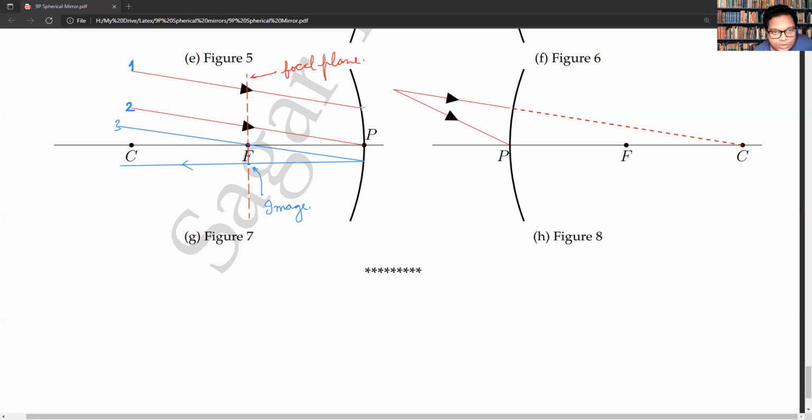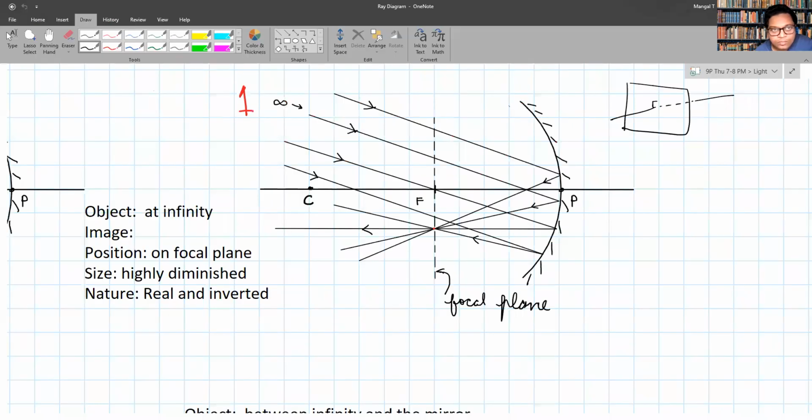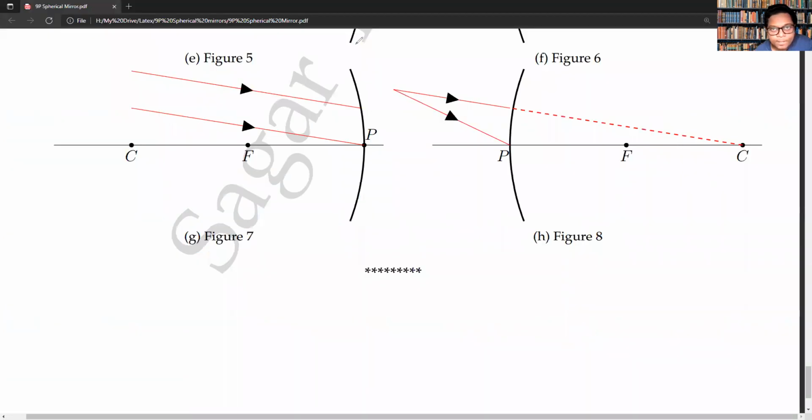So this particular ray will pass through that point. This particular ray will also pass through that point. In the exam, if they ask us that, we have to draw the third ray first, because the first two rays are non-independent rays.